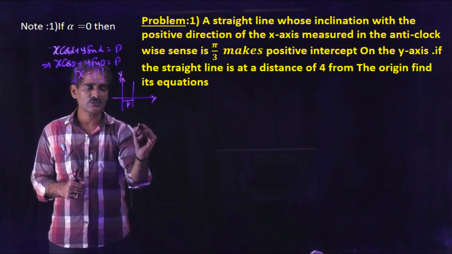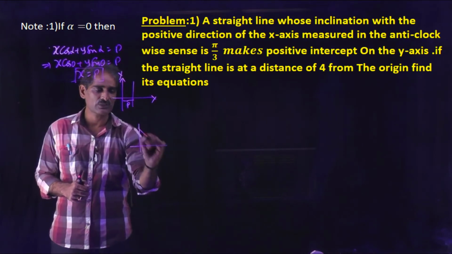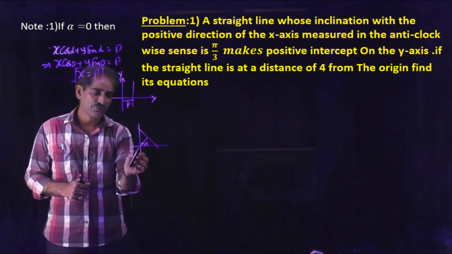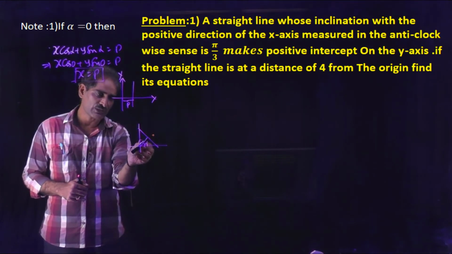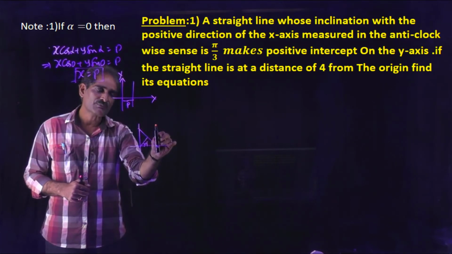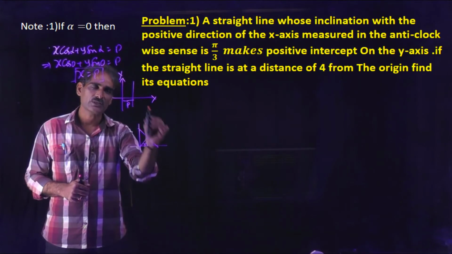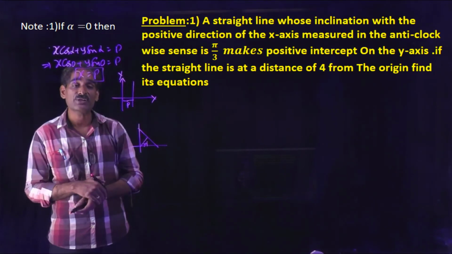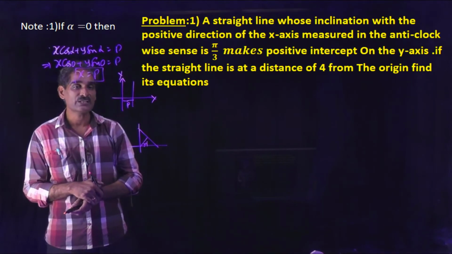The actual position of the line is this one. The normal form is this one. This is the angle made by the line with the x-axis. If alpha is 0, that means this normal line coincides with this, and this line becomes perpendicular to the x-axis. Okay, this is the new position of the line. When alpha is 0, the normal making angle is 0.